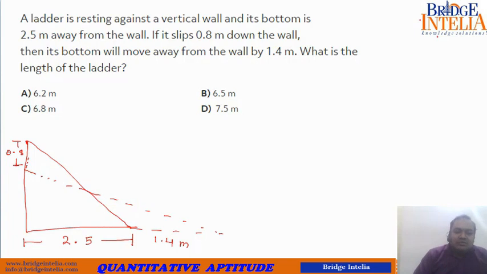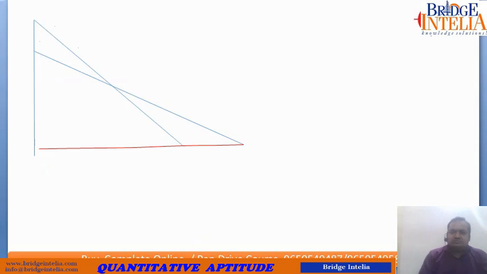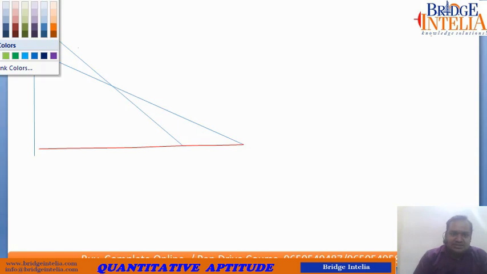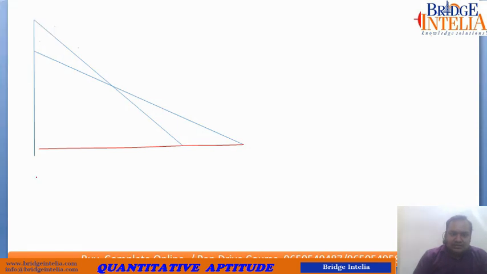So let's draw the diagram properly. Let's enlarge it and draw this. Now let's see the actual meaning of the question. There is a wall, there is a ladder. In the first instance, the foot of the ladder was at a distance of 2.5 meters.